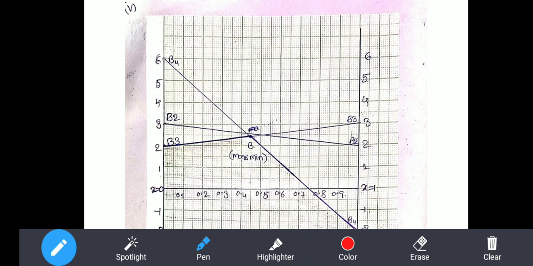The b2 column points are 3 comma 2, and I am going to draw the b2 equation. Next, the b3 equation is 2 comma 3. These points were shown to you on the previous page. I'm going to join these 2 points. Next, b4 is 6 comma minus 2.